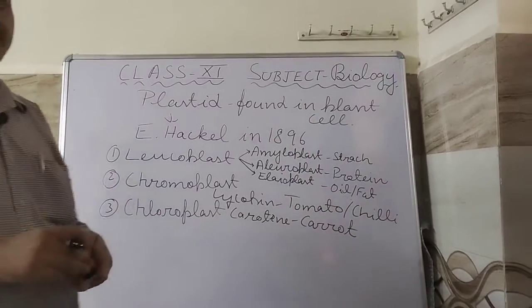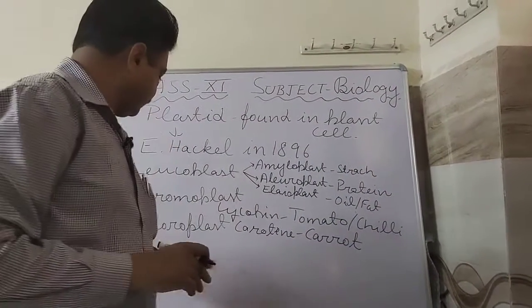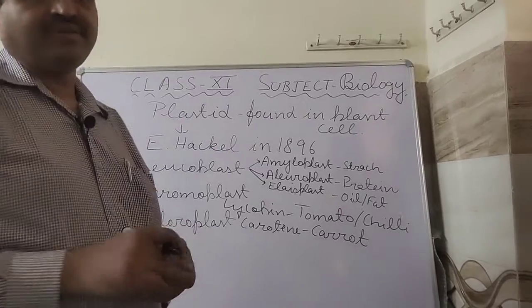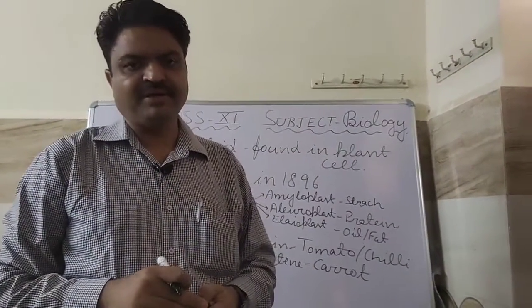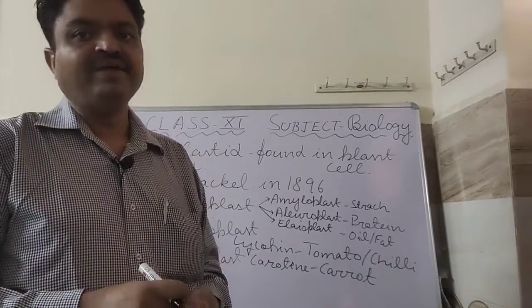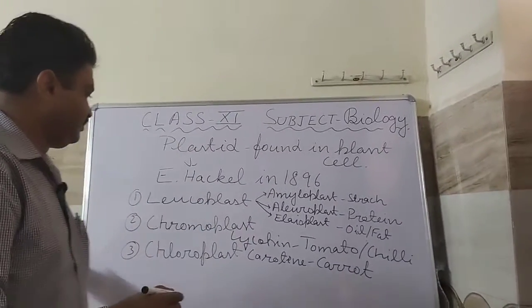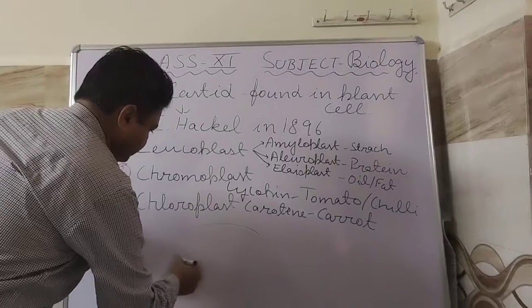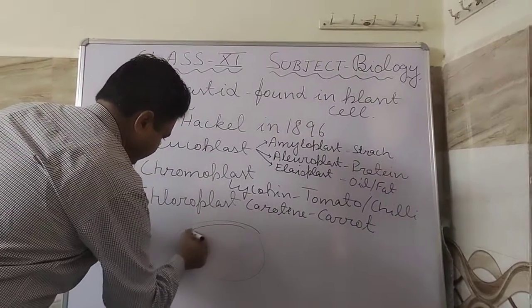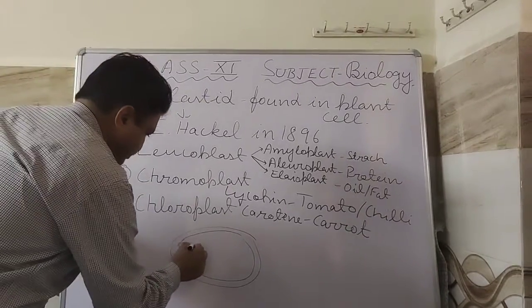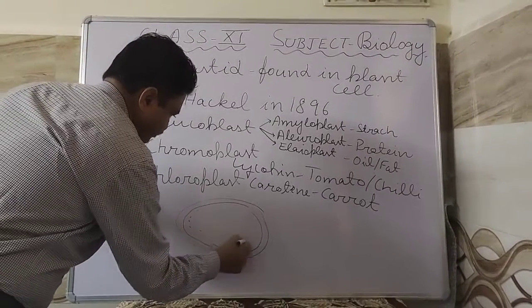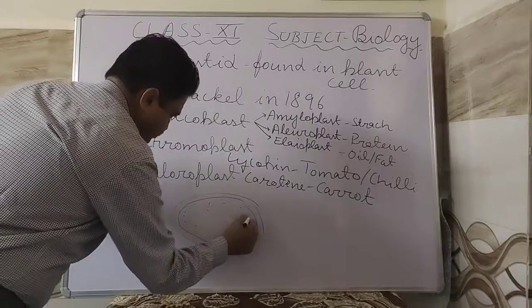Now we come to the next important plastid, student, that is chloroplast. It is the most important plastid, and it helps the plant in photosynthesis, and for this it has a double membrane structure. It has two membranes, and between these two membranes a fluid is found, that is stroma.